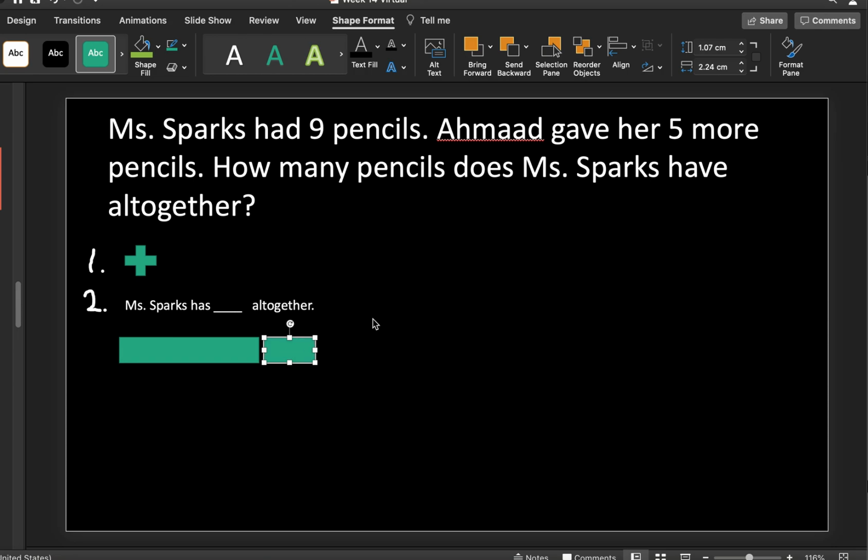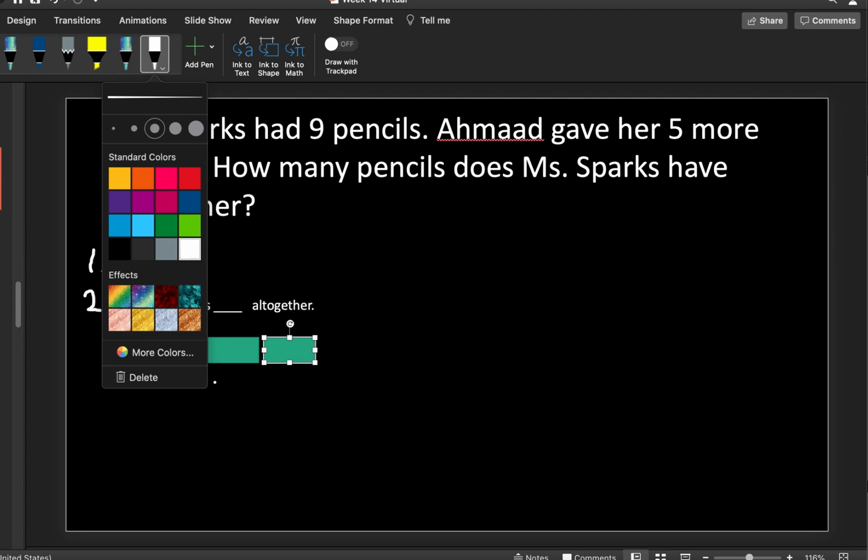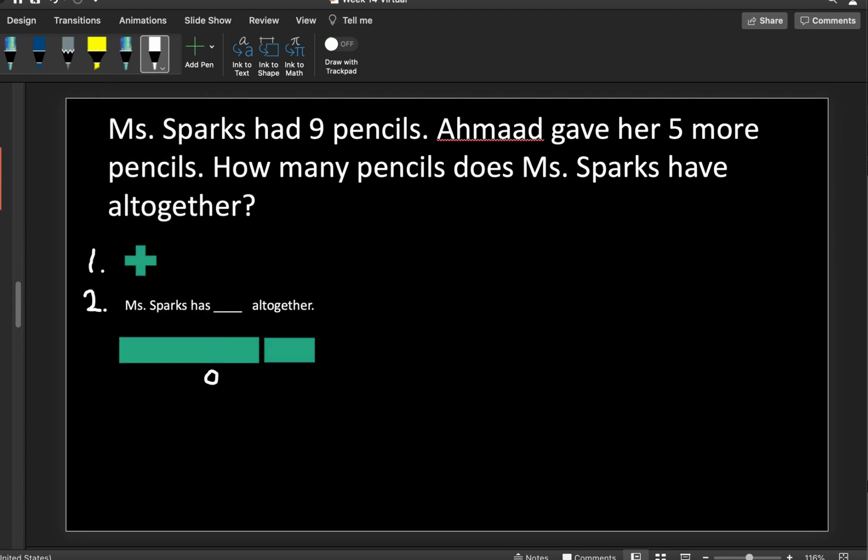So she had 9. We have 9 right here, and Miss Sparks is going to draw this in so you can see. So this is what she had right here. And then Ahmad gave her 5.